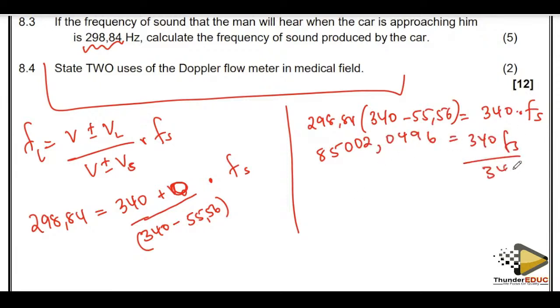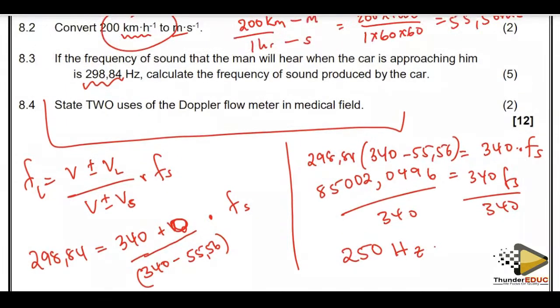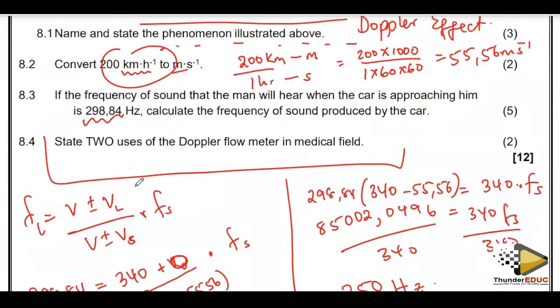Then I divide both sides by 340 over 340. So when I do that, I'm getting 250.00. So that is 250 hertz, since it is frequency. And then 8.4, two uses of the Doppler flow meter in the medical field: it can be used to measure the heartbeat of a fetus, measure the rate of blood flow, and detect whether arteries are blocked, and so on.